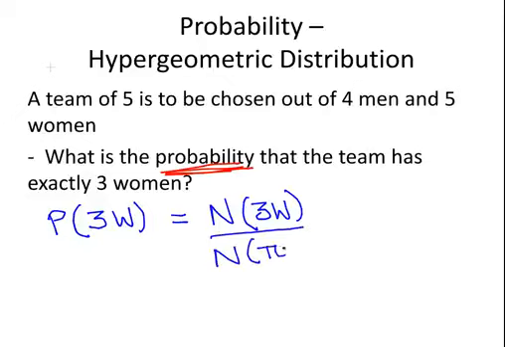I'm going to call that N total. So these are N3W and N total, just the answers to the previous 2 questions. The number of ways we can get 3 women is 60. The total number of ways we can pick 5 people from 9 is 126.